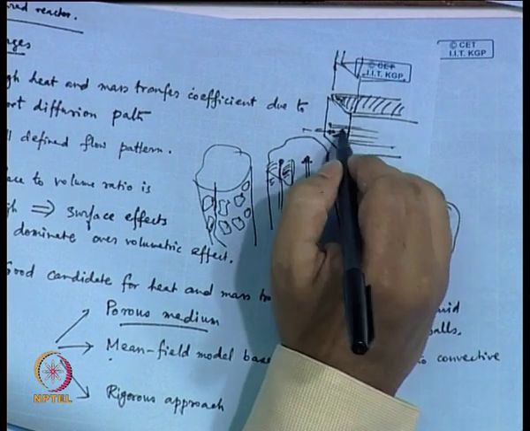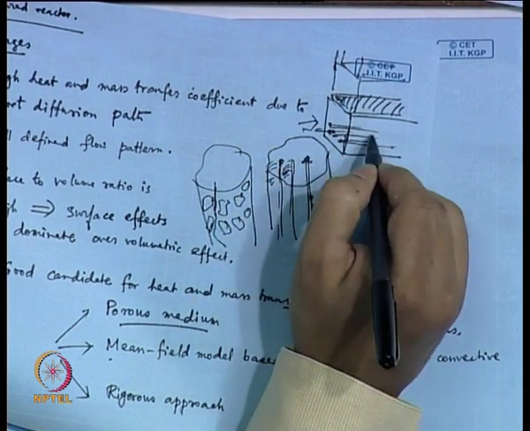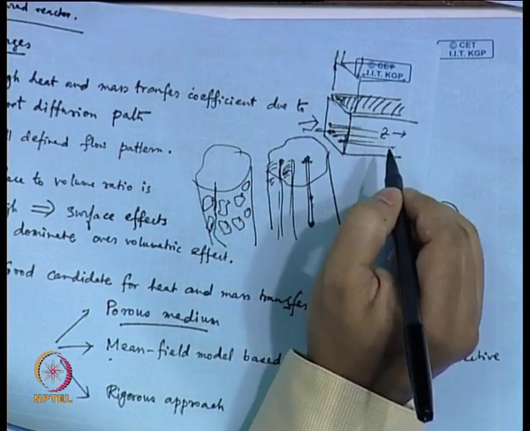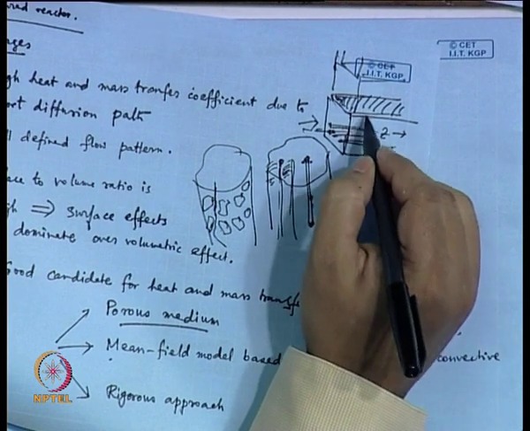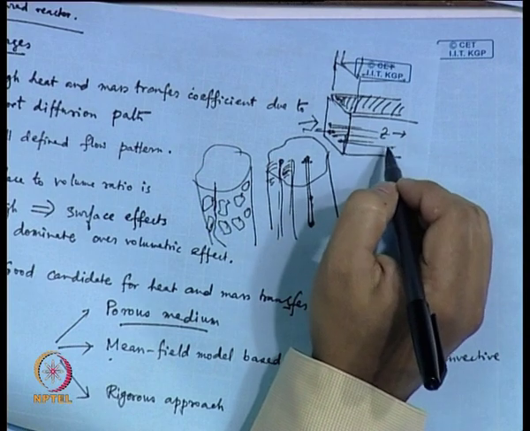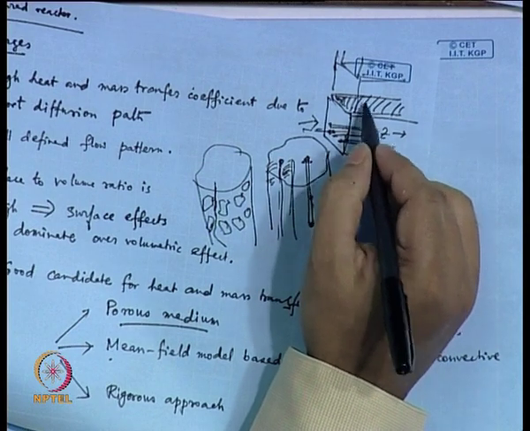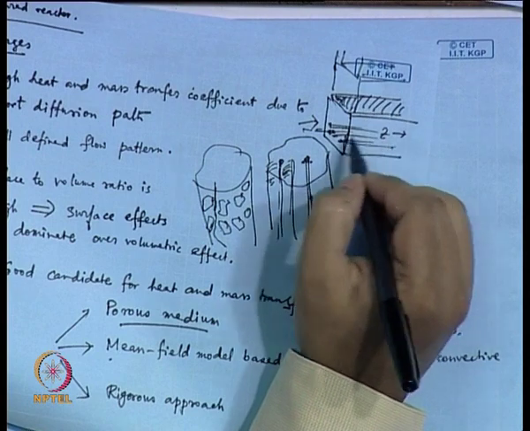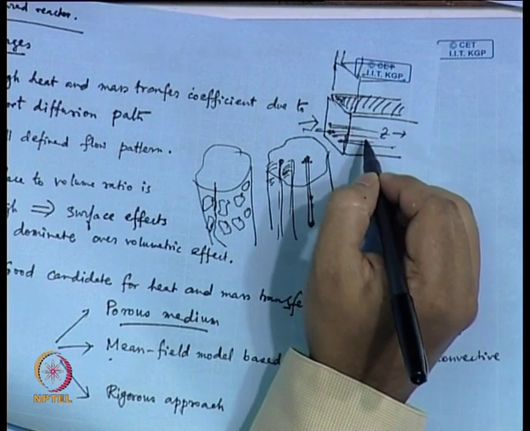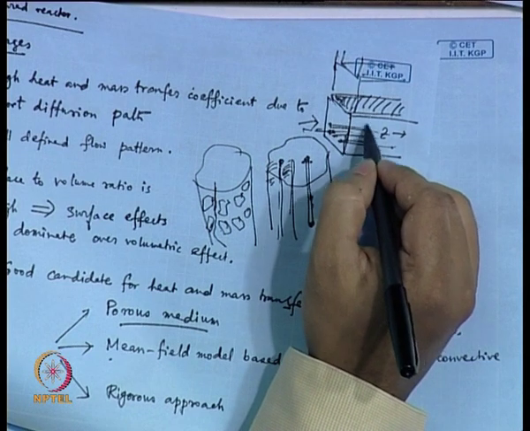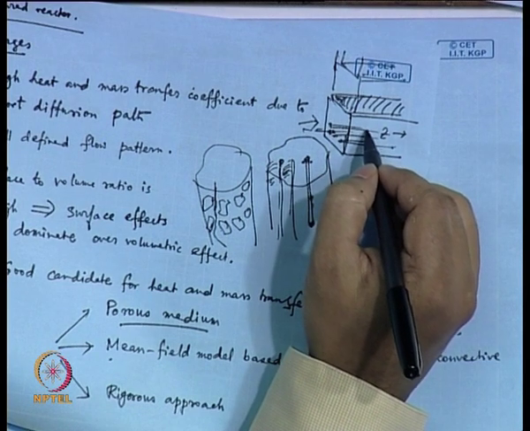So, what is happening here? You are having a flow here, this is your z direction, right. Now, you have difficulty, I mean, see, in this direction, maybe x or y, the transverse direction, z is in the direction of the flow. So, perpendicular to this in the transverse direction, what do you expect?